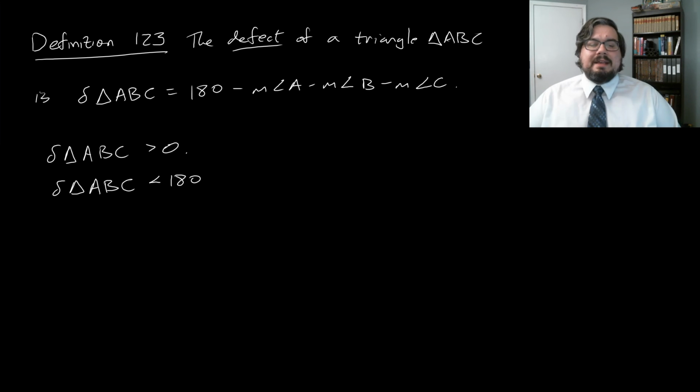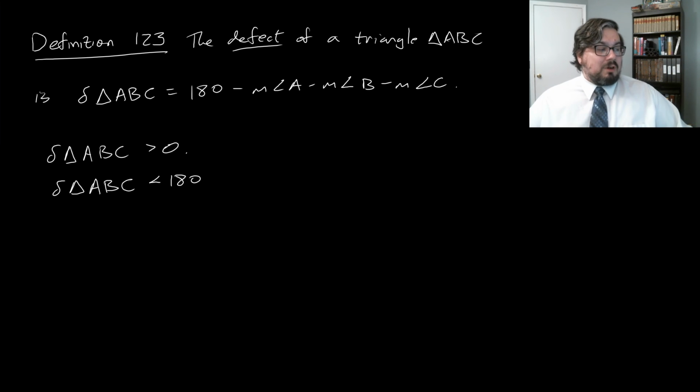In a way, the defect measures how close to being a Euclidean triangle a triangle is. The closer the defect is to 0, the more the triangle looks like a Euclidean triangle, the closer the sum of its interior angles is to 180. And the larger the defect is, the less that triangle looks like a Euclidean triangle.